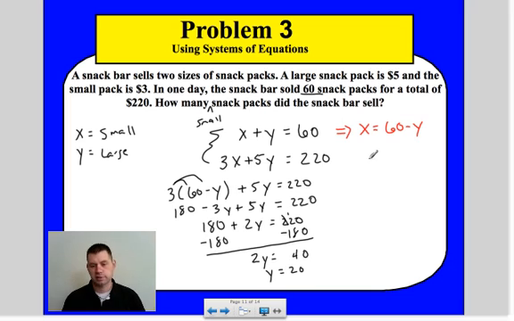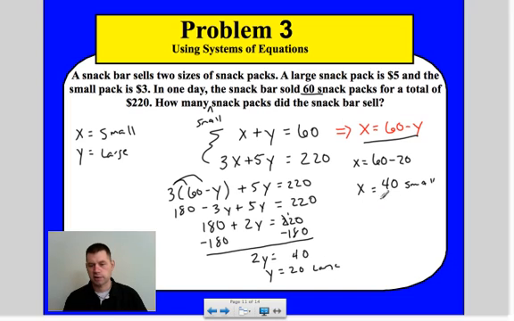And now the question is how many small ones? Since the small ones are x and we only sold 60 total, what's 60 minus the 20? That gives us 40. So x is 40. We can always use that kind of shortcut, meaning we had 40 small and 20 large.